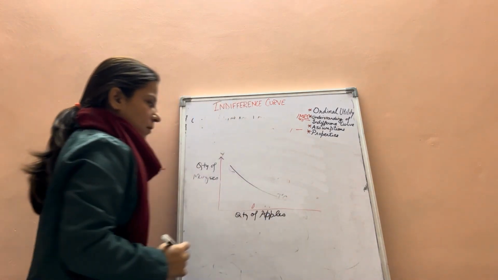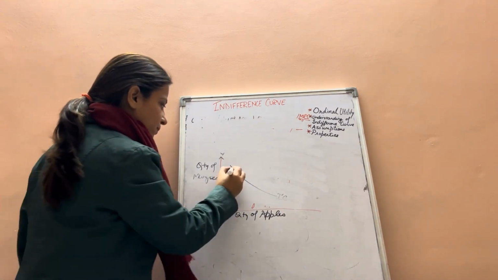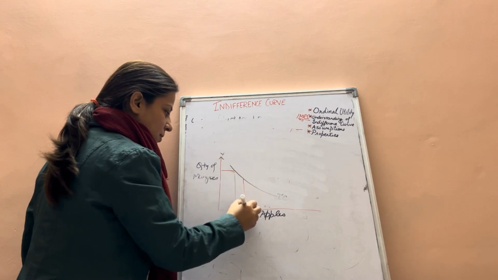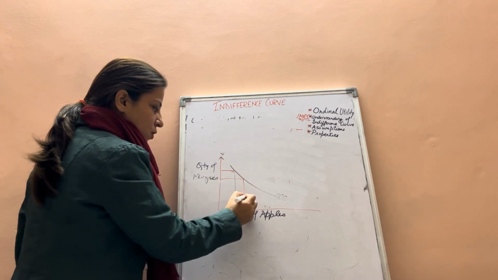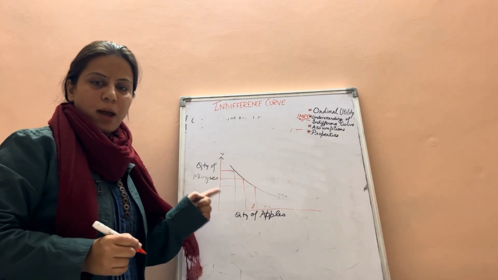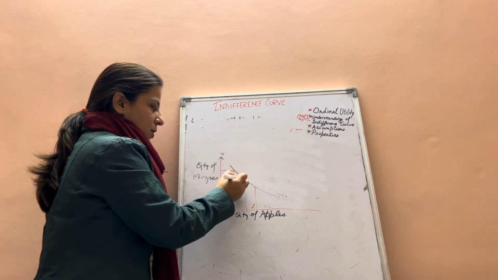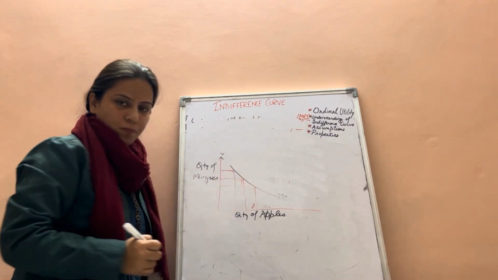This is our indifference curve, downward sloping. What we see is that this is one combination, this is another combination. As consumer is increasing his units of apple, he has to sacrifice some units of mangoes, but the rate at which this sacrifice takes place keeps on diminishing. This is the slope of indifference curve.